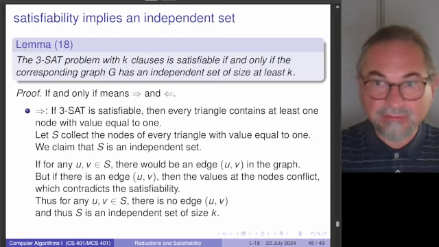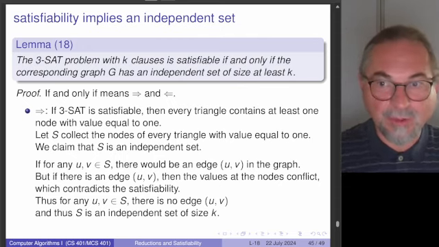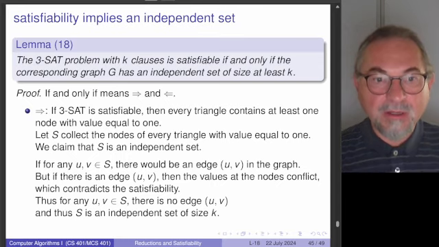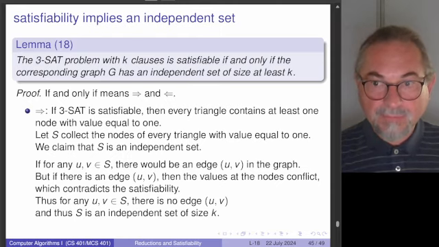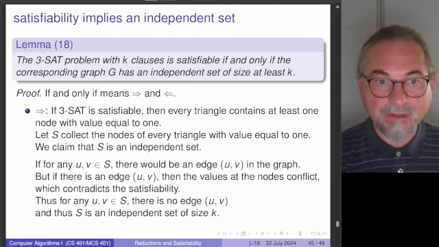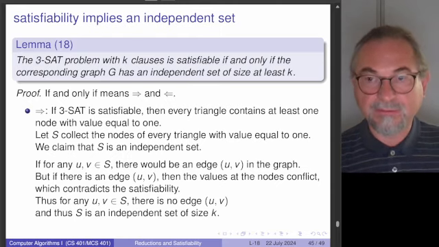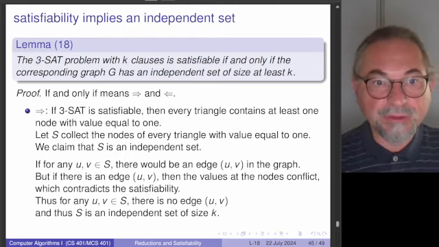So again, it's important to notice what it means to have an independent set of size at least k. We will show that if the one problem is satisfiable, then we can actually show that we do have an independent set of size k. Okay, so how do we do this?